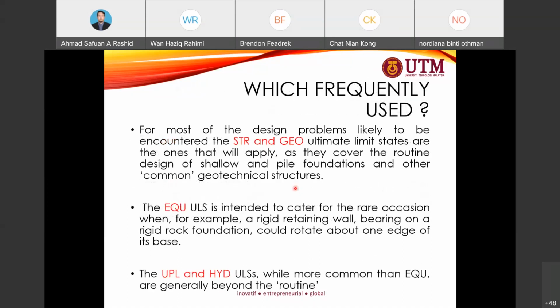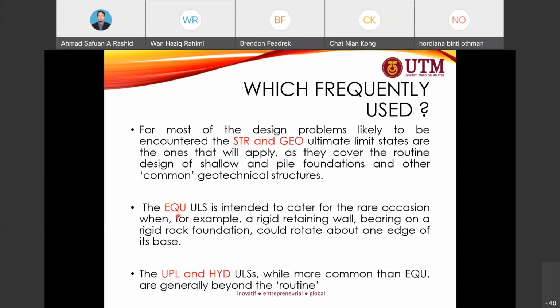For most of the design problems likely to be encountered, the STR and GEO ultimate limit states are the ones that we apply, as they cover the routine design for shallow and pile foundations and other common geotechnical structures. So the combination of STR and GEO is common for pile foundation, deep foundation or shallow foundation.